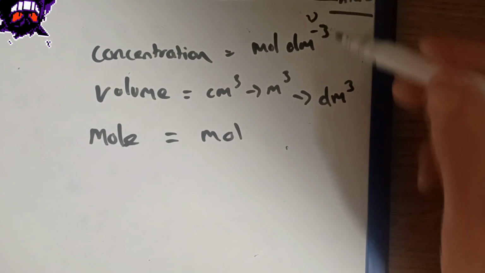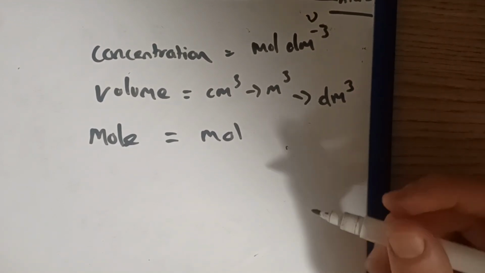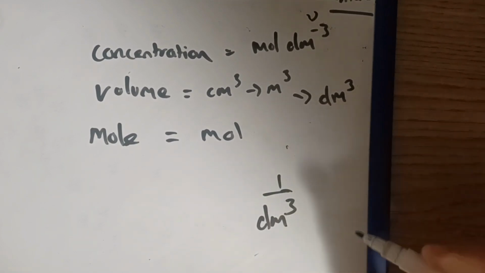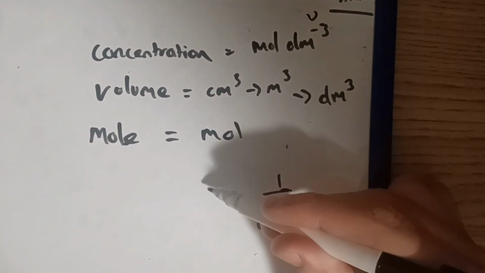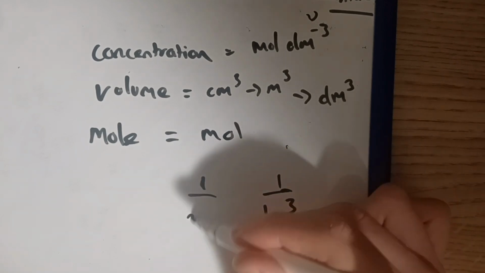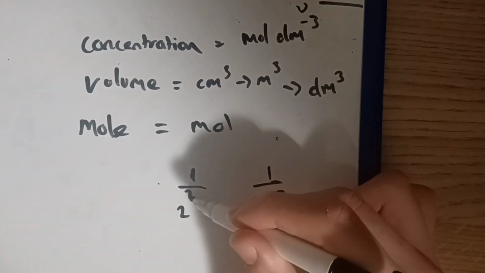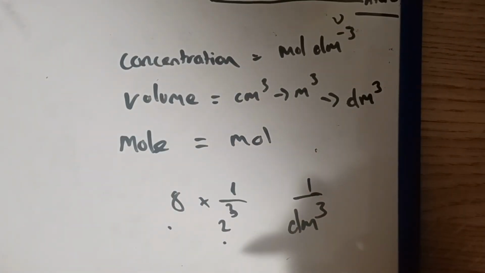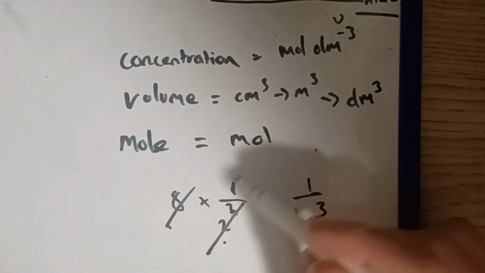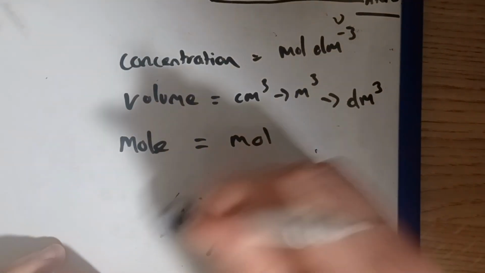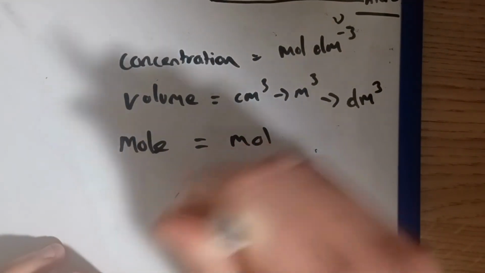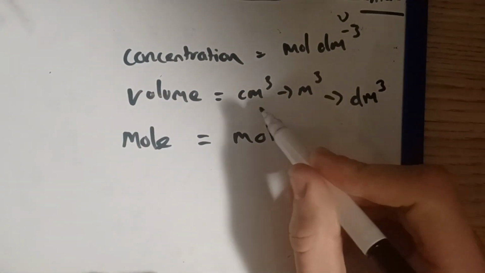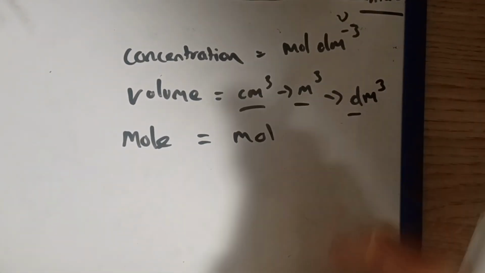Again, with this minus, it's nothing new. All it is 1 over dm cubed, which is the same as 1 over 2 cubed times 8. These are exactly the same thing, so these two cancel, giving us 1.